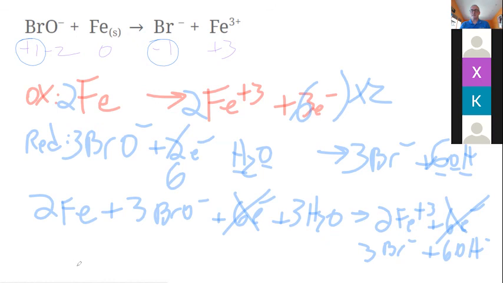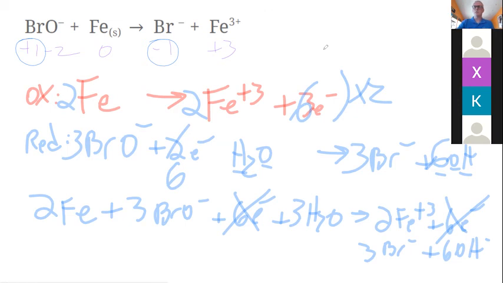But what's the last thing we want to check to make sure we've done this correctly? So we've balanced our atoms. Those seem to balance. We balanced our electrons, so that's good. What's the last thing we do before we call it a day? Check the overall charges. Bingo. Guys are sharp as a tack today.